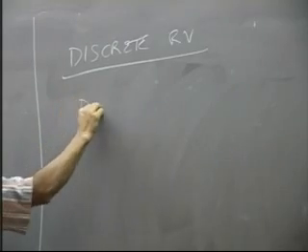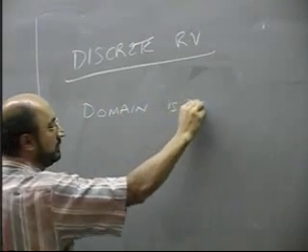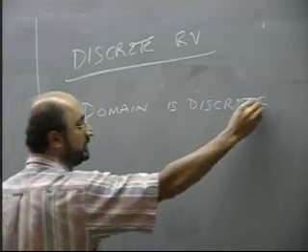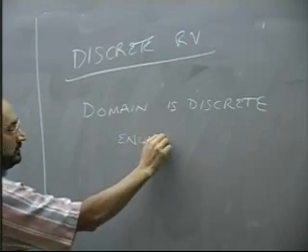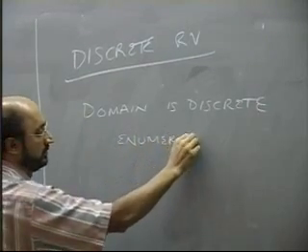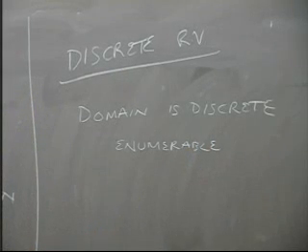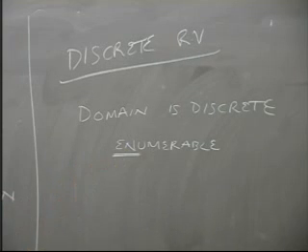The domain is discrete, which means we can enumerate the entities. It doesn't mean it's finite. It just means it can be infinite. It's just enumerable. So it can be the integers, for example, which are infinite but enumerable.